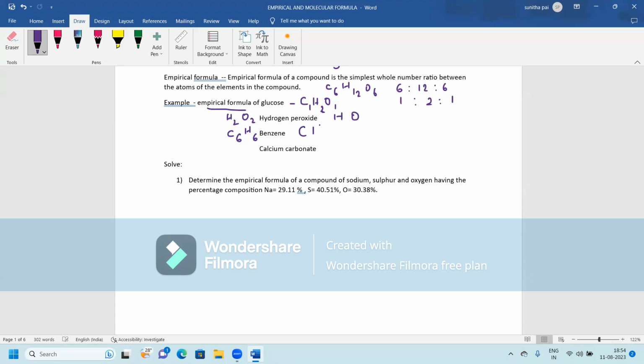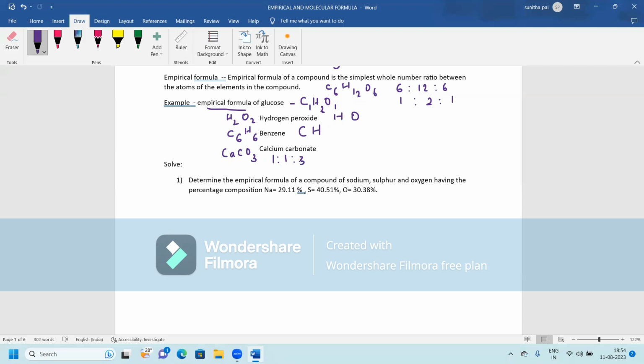Therefore, C1H1 or CH is the empirical formula of benzene. Last example taken was calcium carbonate, and in calcium carbonate, already the ratio is 1:1:3.